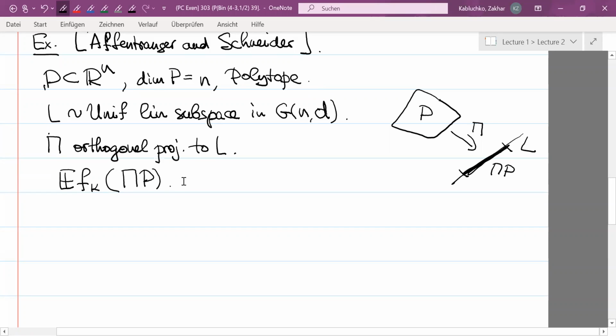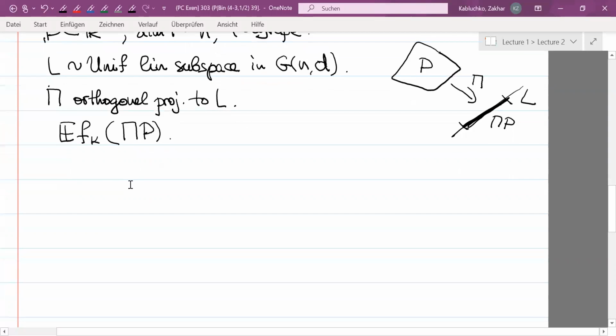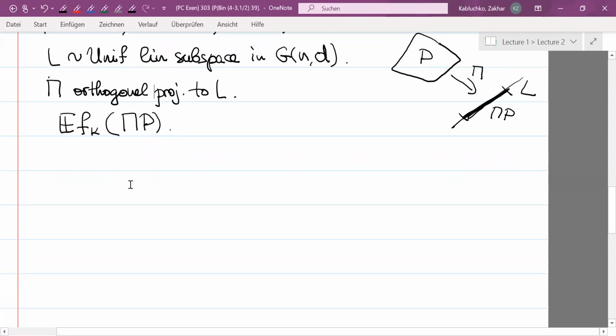We shall see, I hope we shall see tomorrow why such questions are important. They have implications in various problems of linear programming, but I will not tell anything about this today. And how to compute such a term? Well, the idea is the following.